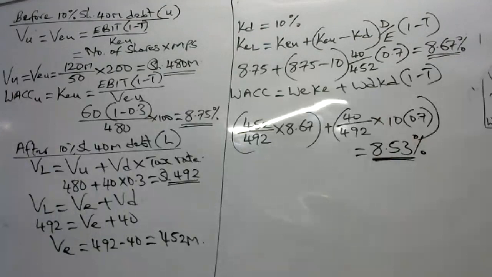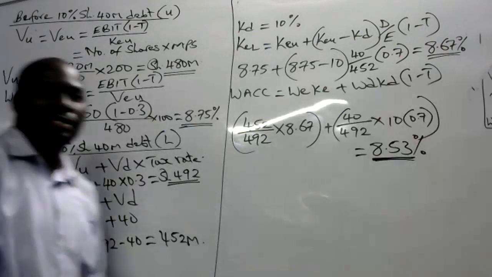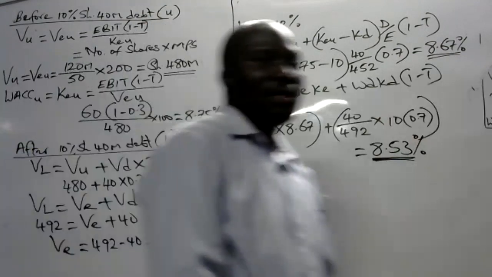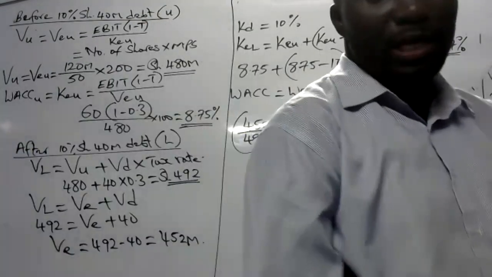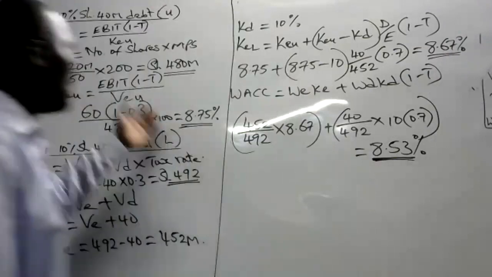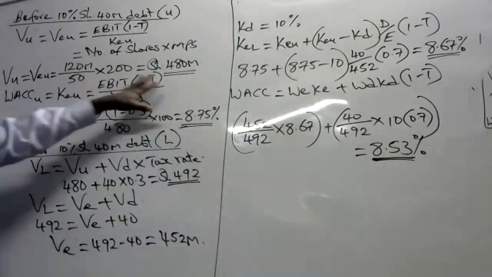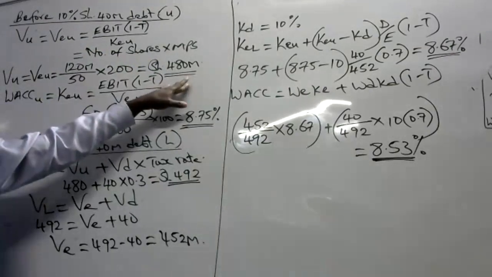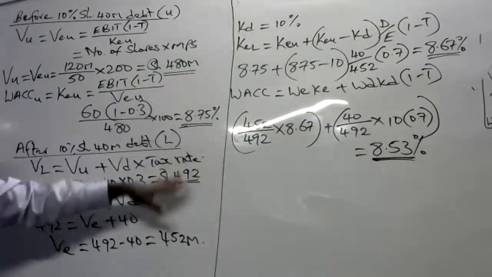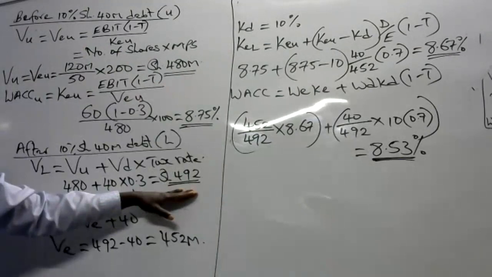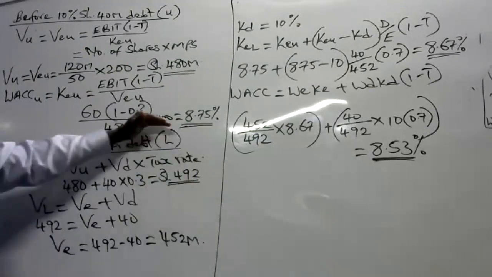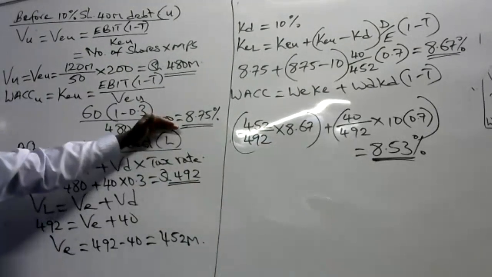So I believe by looking at that, we can again appreciate, all of us, that debt is good. Before debt, the farm was valued at how much? 480. When we brought in debt, the farm was valued at 492. Before debt, the cost of capital was 8.75.